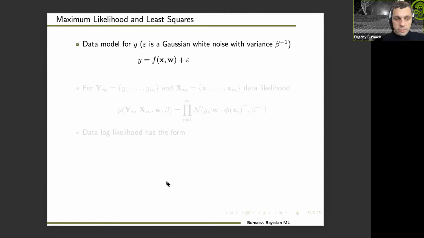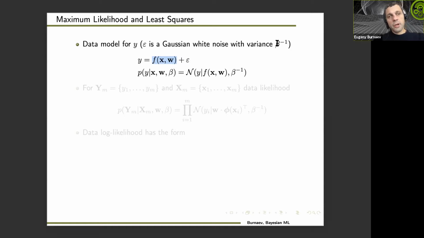Maximum likelihood for such a model can be described as follows. We assume that our observation y is generated by the output of the regression model plus Gaussian white noise.